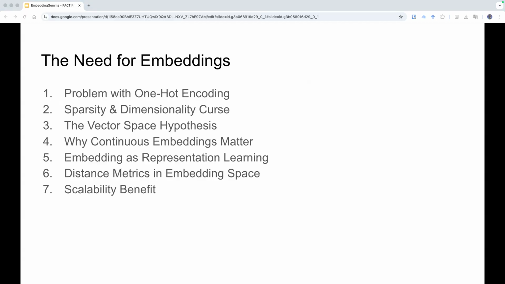Dense embeddings also learn from data, which typical encodings don't learn. So that's why we use larger embeddings.